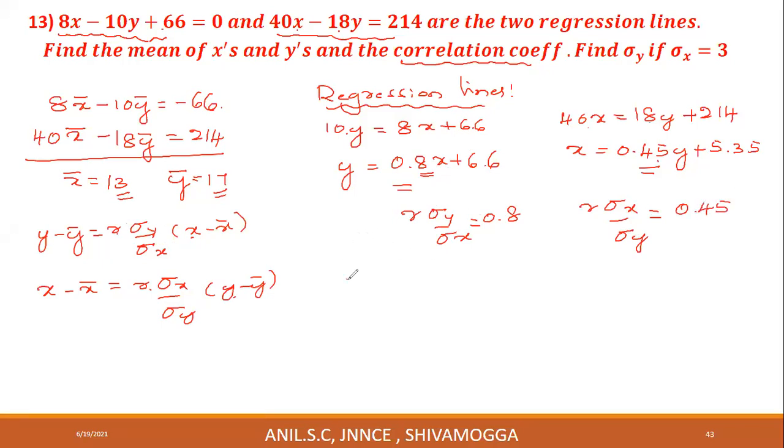Now write r. We know that r is given by the square root of coefficient of x into coefficient of y. Here the coefficient of x in the regression line is 0.8, and the coefficient of y in the other regression line is 0.45. You find the product and take the square root.